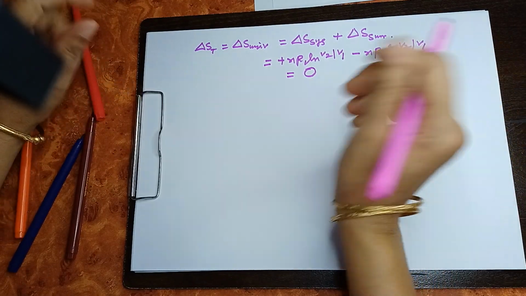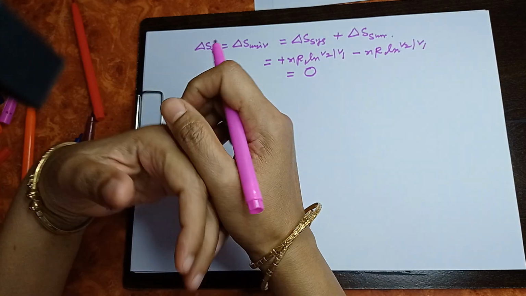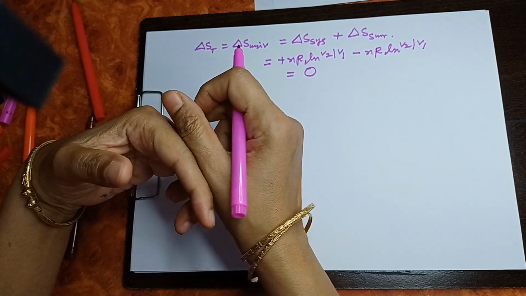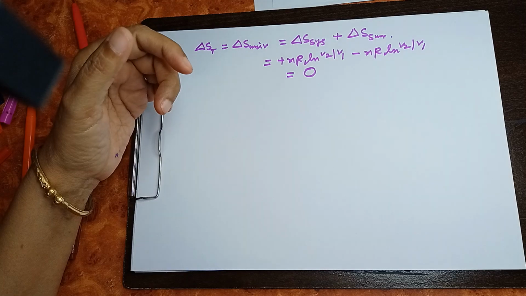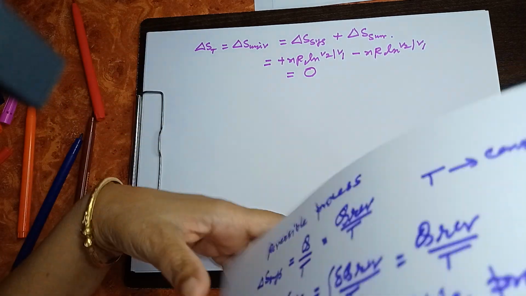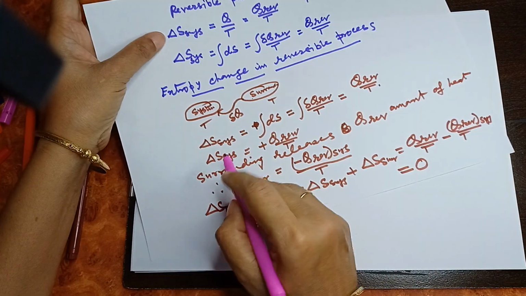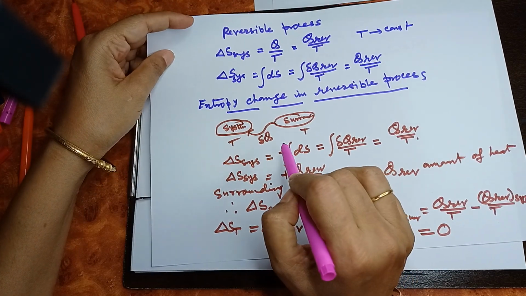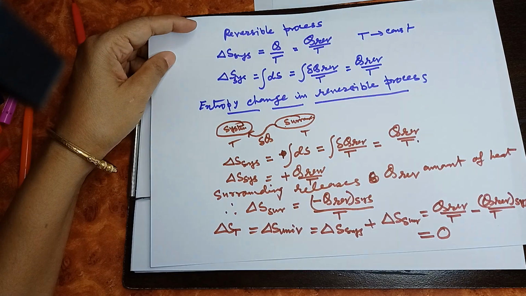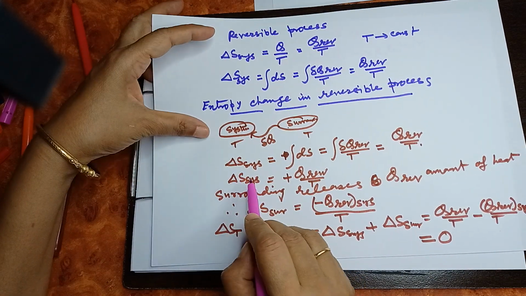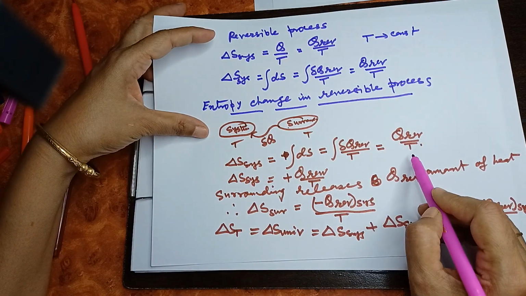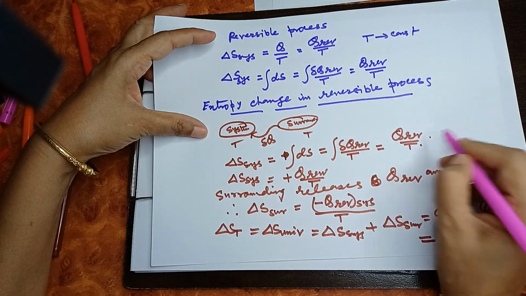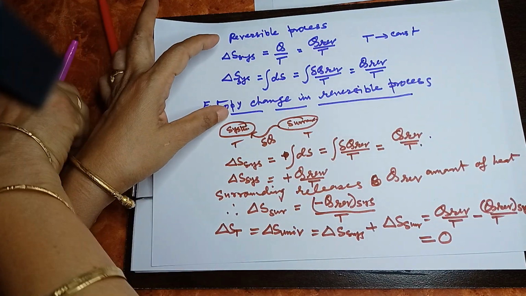Now here one thing I forgot to tell you. In the reversible process, delta S system, that is Q reversible by T, is not equal to 0.